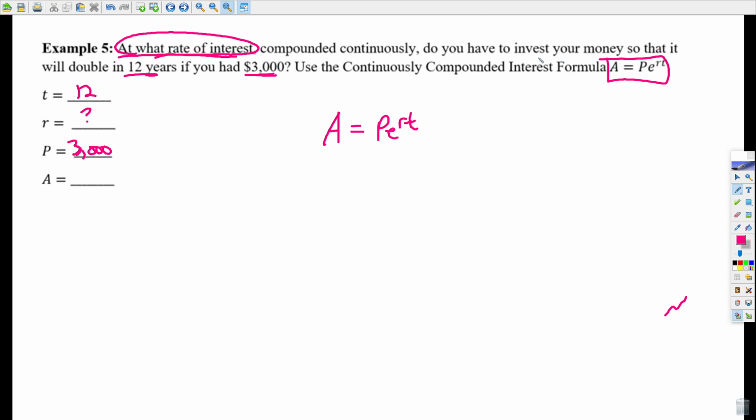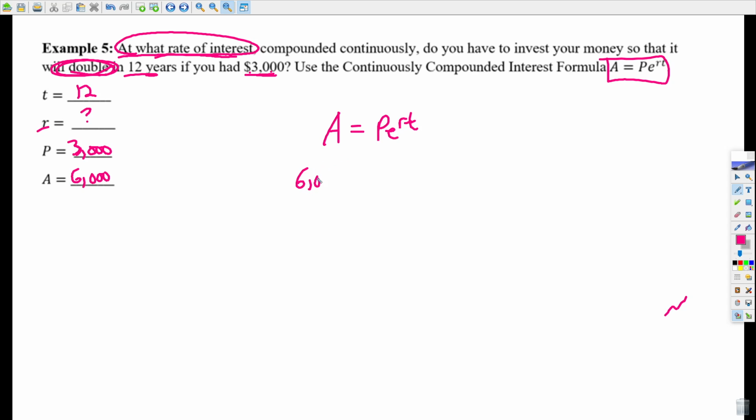So where does it say that? You have to invest your money so that it will double in 12 years. If we want to double our money and we started at 3,000, we'll multiply by 2. We want to have eventually $6,000. Now we have everything we need, and we're solving for R.